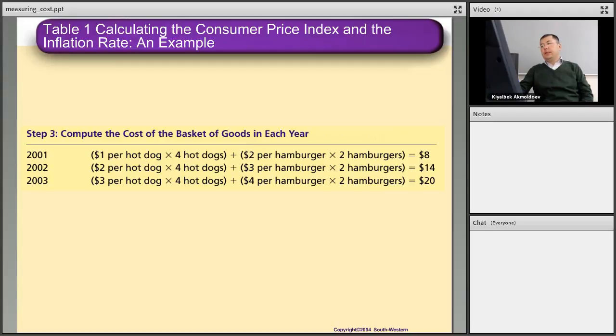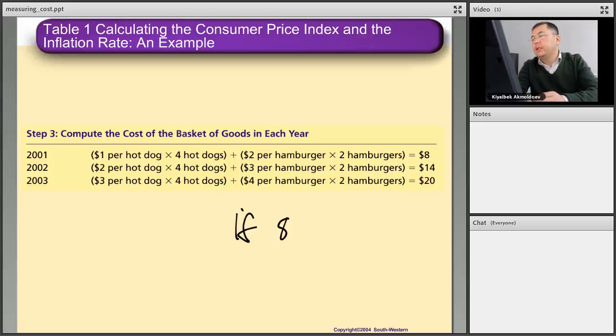Now, can we calculate just the cost of the basket in order to find the inflation rate? Well, let's see.